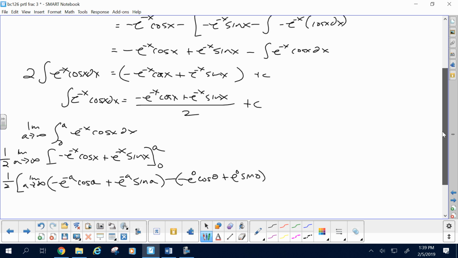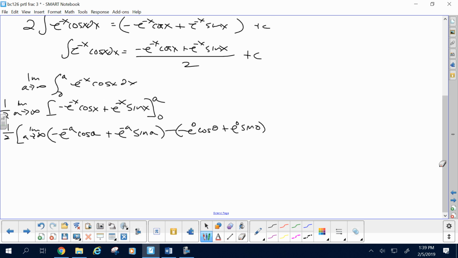My goodness, this is a humdinger. All right, 1/2 stays. As a goes to infinity, what is negative e to the negative infinity approach? E to the negative infinity goes to 0. This oscillates, but does it matter that it oscillates considering that e is going to win? It's going to be 0 times oscillating.